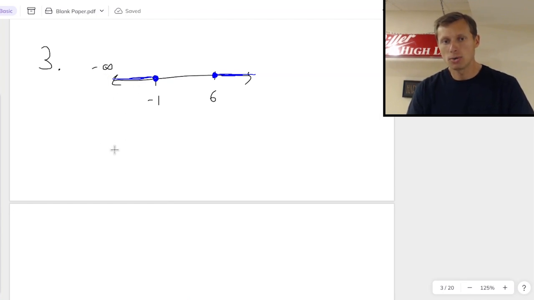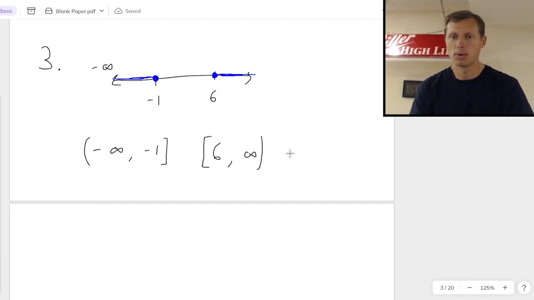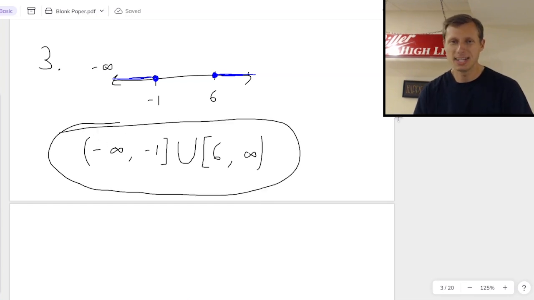So you've got to start with negative infinity, comma, -1. -1 gets square bracket because it's a closed circle. And the negative infinity gets a parenthesis like we talked about before. Then I'll deal with the 6. So for the 6, that would be 6 comma infinity. Again with square brackets around the 6 and parentheses around the infinity. And then finally, when I have two regions, I just stick a union symbol in between them, which is really just a capital U. And there's my answer.